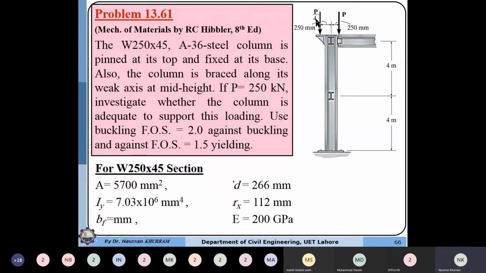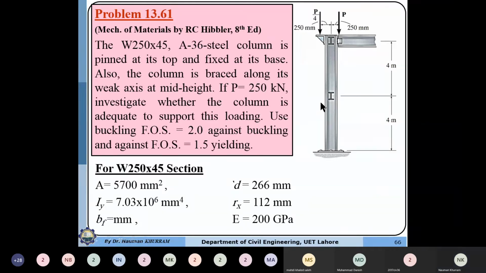One, 250 by 4, is acting on the left side at an eccentricity of 250, and one load of 250 kilonewton is acting on the right side with the same eccentricity of 250. Investigate whether the column is adequate to support this load. Use a factor of safety 2 against buckling and a factor of safety 1.5 against yielding.